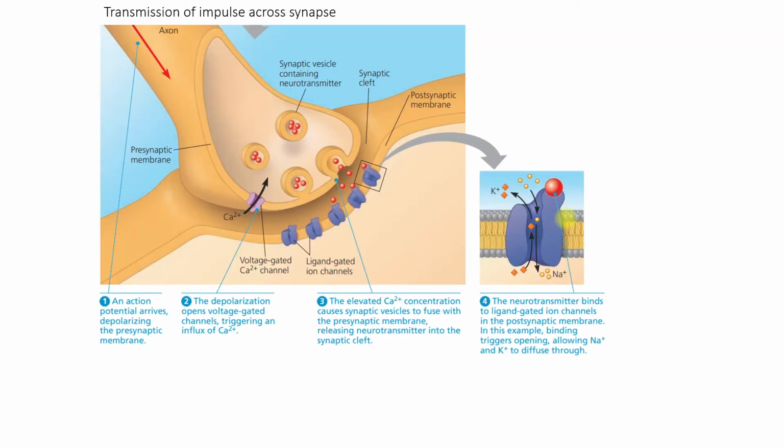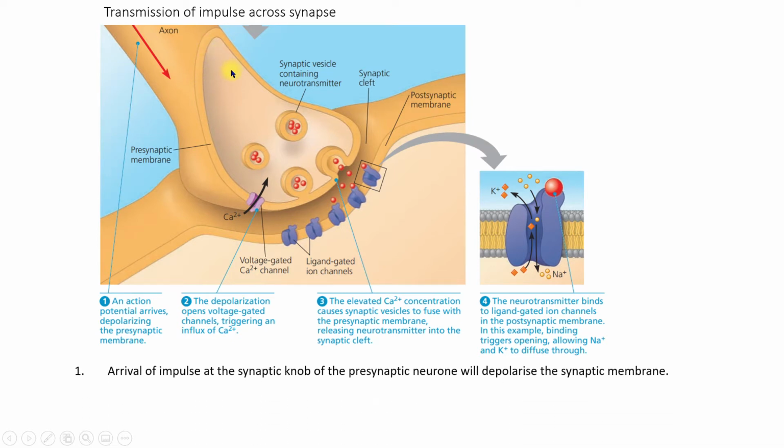Now let's take a look at the transmission of impulse across synapse. First things first, impulse will arrive at the synaptic knob of the presynaptic neuron. So this is the presynaptic neuron, and this is its synaptic knob.